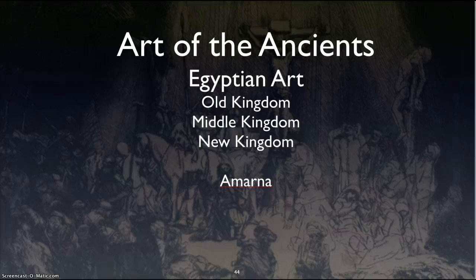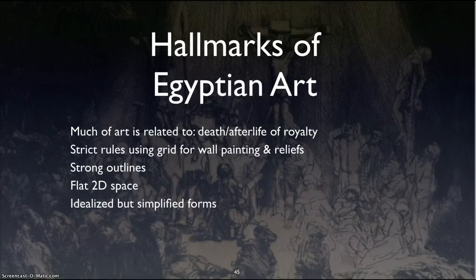Here, even though we could study the Old Kingdom, Middle Kingdom, New Kingdom, really you don't have to worry about that. Just understand there was an Amarna time period, and here are the hallmarks of Egyptian art.